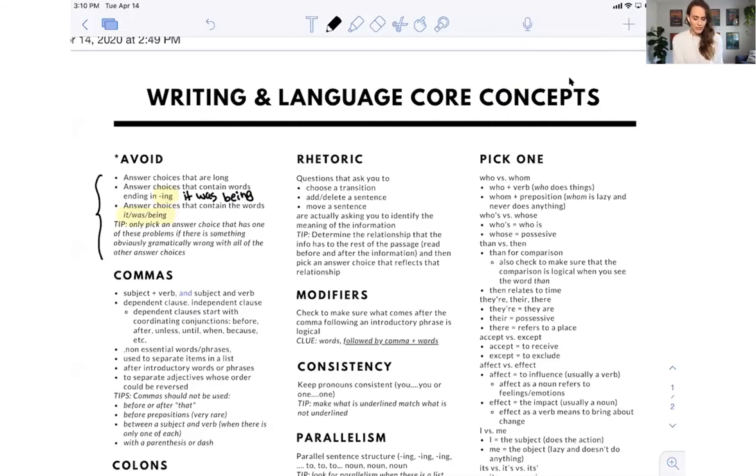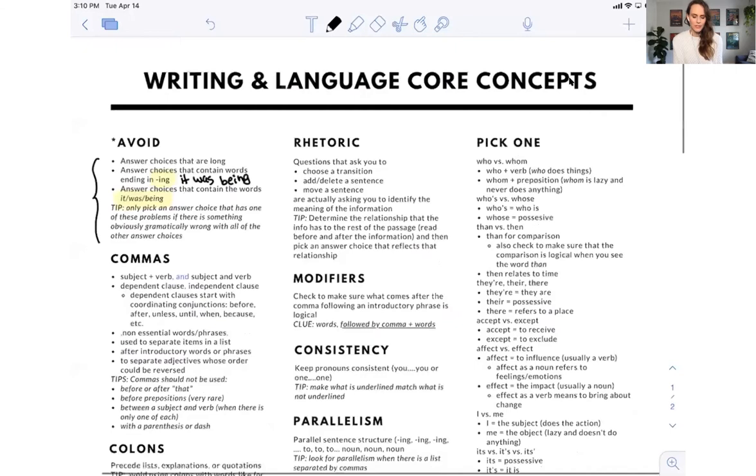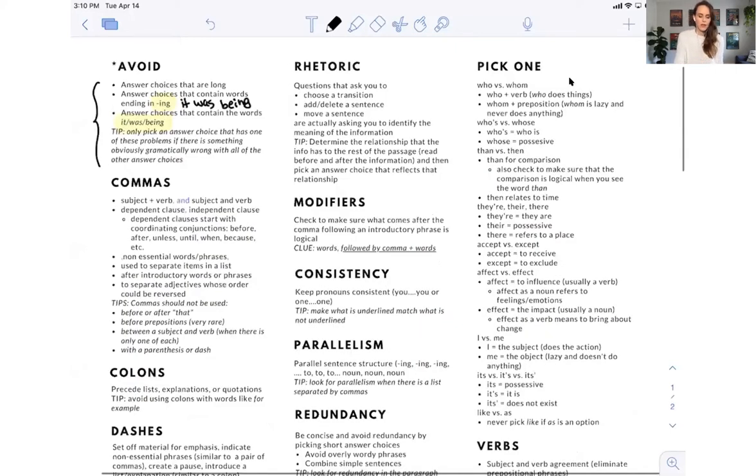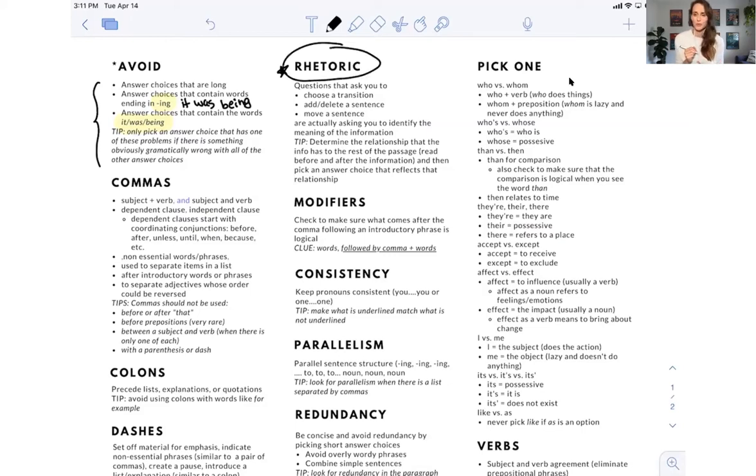So we're going to avoid certain things. Main parts in here: rhetoric questions are going to be questions that a lot of smart students have trouble with. And that means that the average student will also have a lot of trouble with this. So this is something everybody pretty much struggles with. What are those?